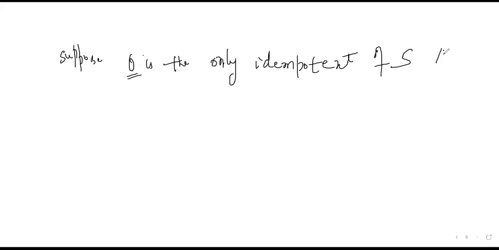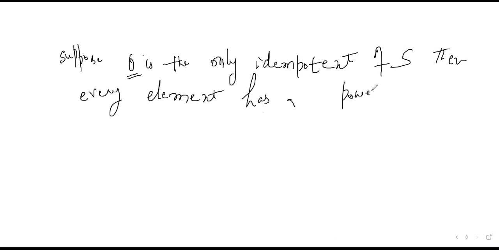Then every element has a power which is zero, that is, every element is nilpotent. That is, if every element has some power equal to zero, it means every element is nilpotent.